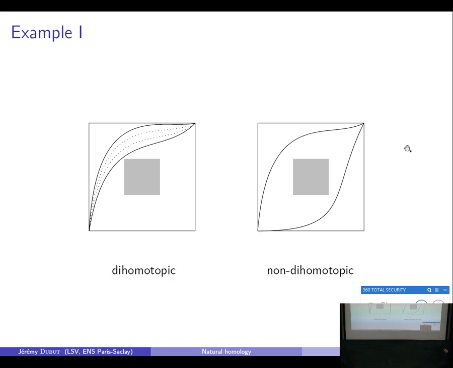On the contrary, those two dipaths here are not dihomotopic because they will be blocked by the hole in the middle. But as Lisbeth says in this talk, we do not see why it is important to stay a dipath during the deformation. Namely, dihomotopy and homotopy coincide in such spaces.